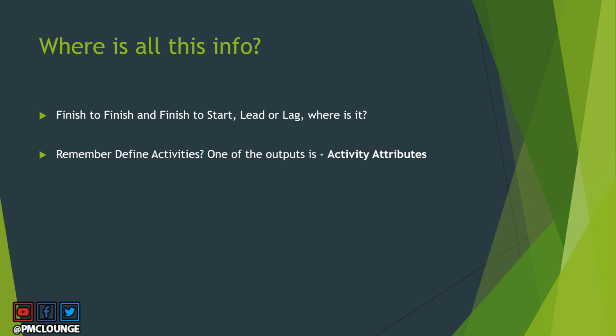You can check that out. So one of the output activity attributes, this is where a list of all the predecessor and successor activities is present. So this is what you are aiming at. Activity attributes is what you need in order to understand the dependency information that you need for your network diagrams.